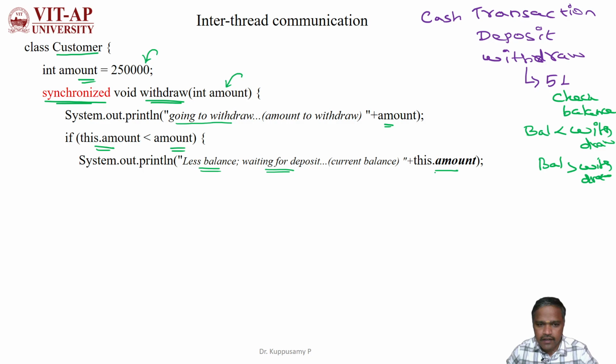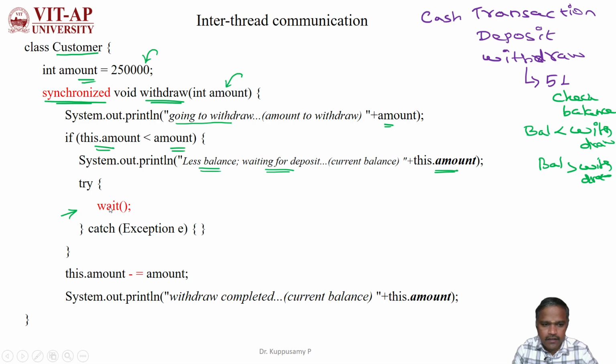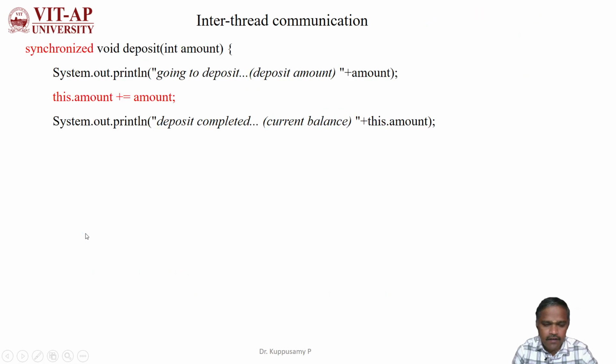Then that amount is displayed, and once the balance is less than the withdrawing amount, this thread introduces the wait state. So your withdrawing status is now delayed. If it is in the wait state, then another thread will run.